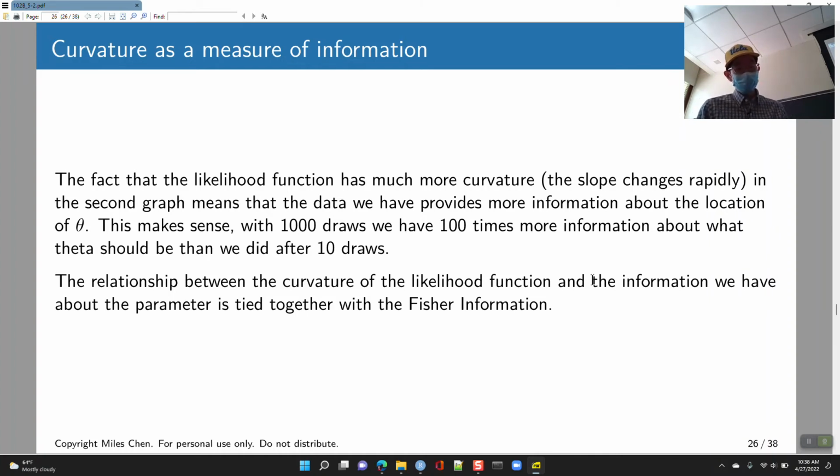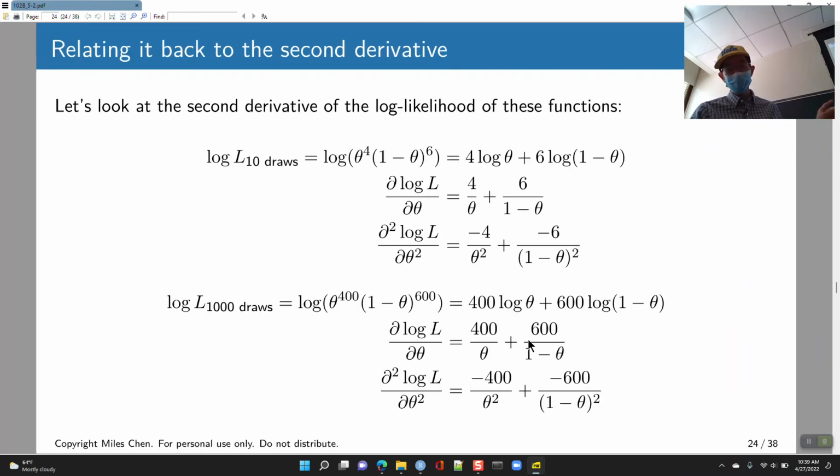And so what we have is the relationship between the curvature of the likelihood function and the information we have about the parameter. This is kind of summed up with the Fisher information. So going back, I'm going to go back a few slides.